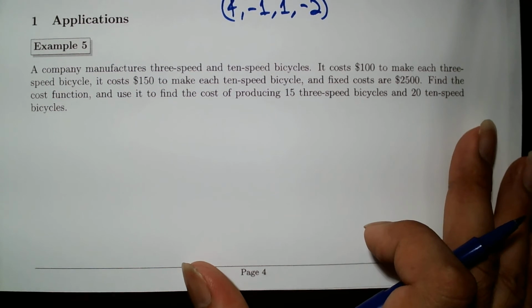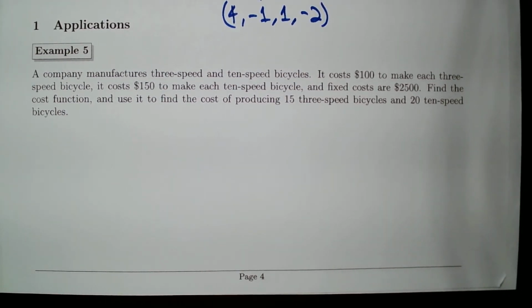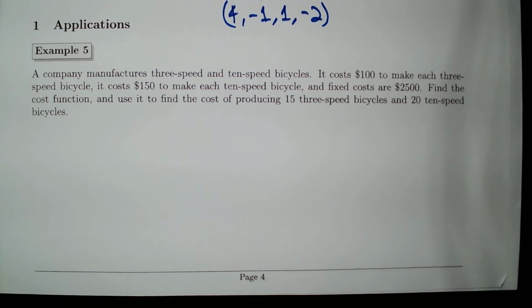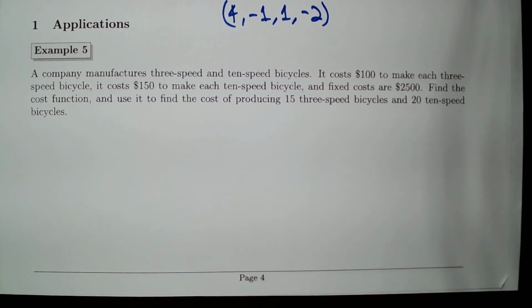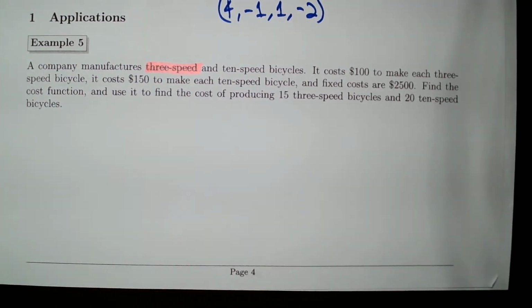Applications. Alright, so these functions have a lot of fun applications to finance and also science and geometry as well. So let's look at this word problem. A company manufactures 3-speed and 10-speed bicycles. Alright, let's highlight all these pieces of information. So 3-speed and 10-speed.